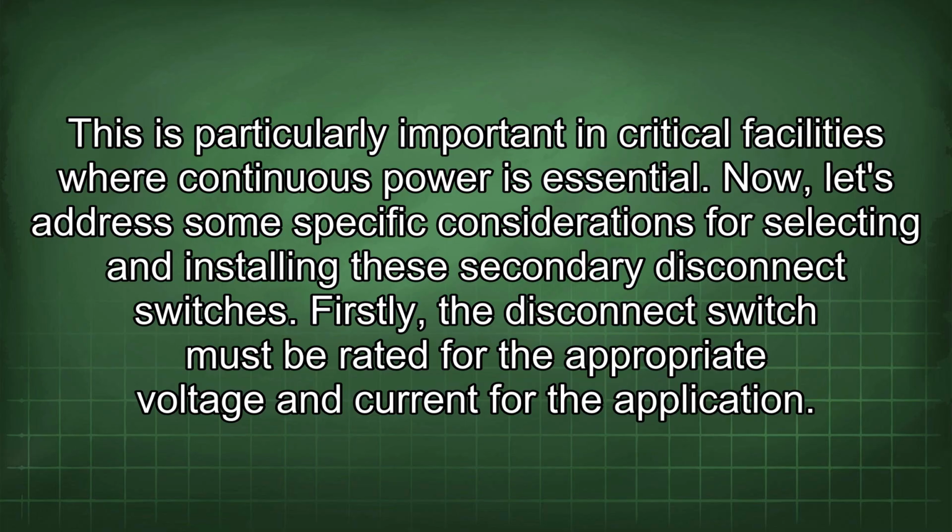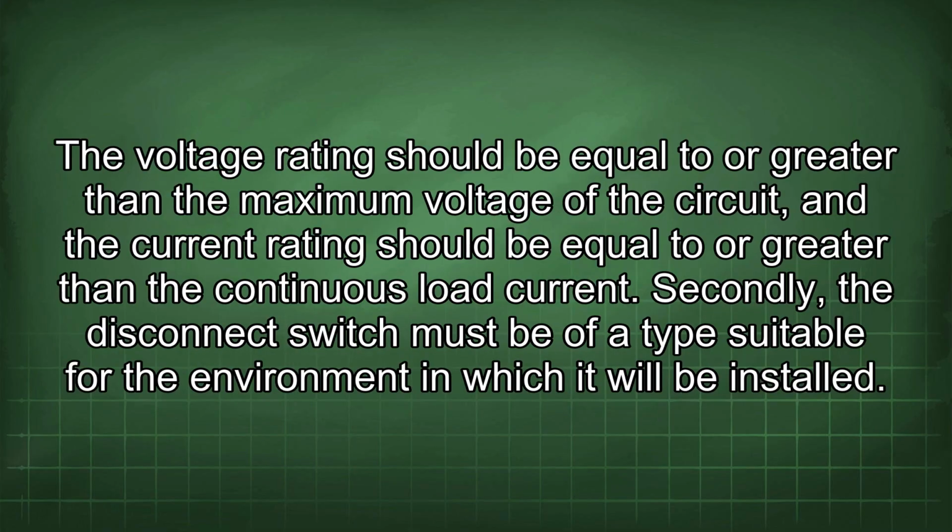Now let's address some specific considerations for selecting and installing these secondary disconnect switches. Firstly, the disconnect switch must be rated for the appropriate voltage and current for the application. The voltage rating should be equal to or greater than the maximum voltage of the circuit, and the current rating should be equal to or greater than the continuous load current.